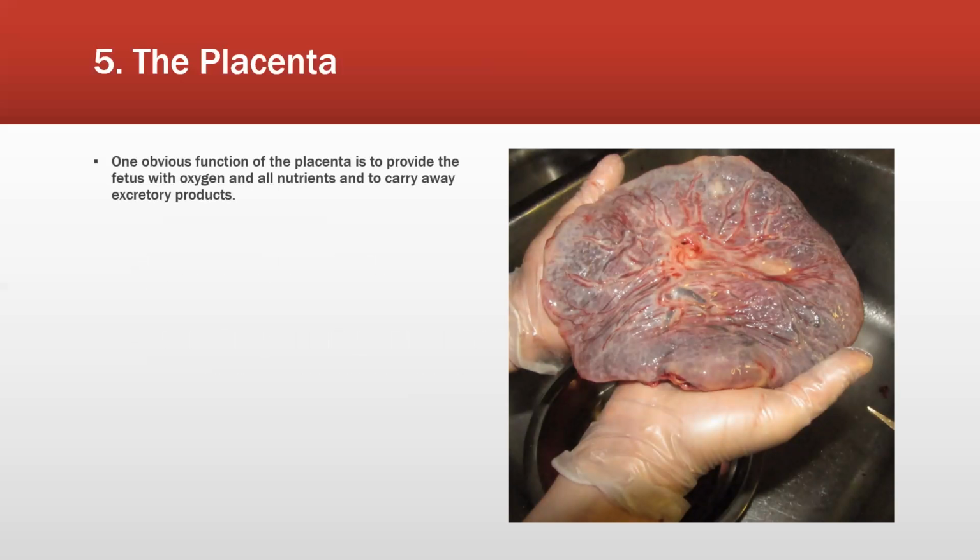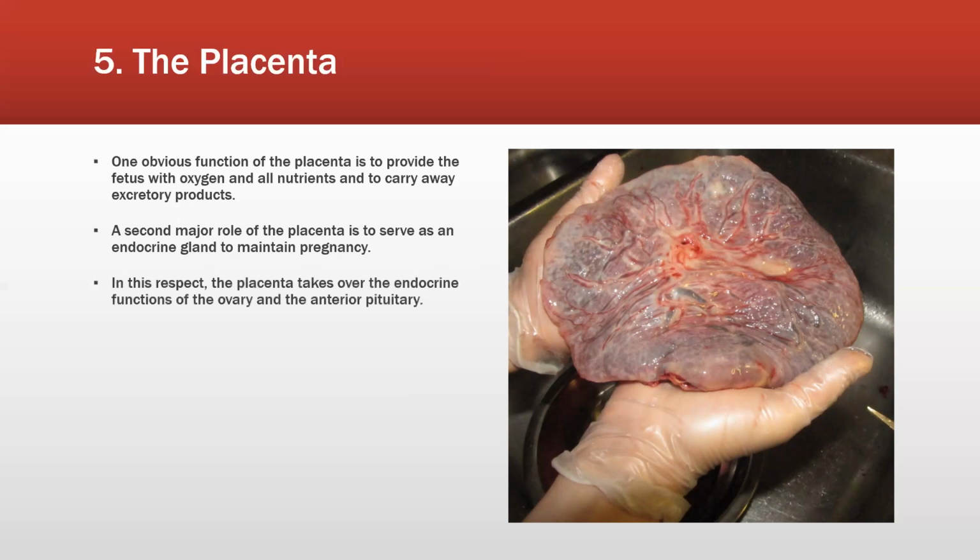And so one obvious function of the placenta is to provide the fetus with oxygen and nutrients, and to carry away any excretory products from the developing fetus. Second major role of the placenta is to serve as an endocrine gland, as I talked about, to help maintain that pregnancy. Placenta will take over the endocrine functions of the maternal ovaries and the maternal anterior pituitary.